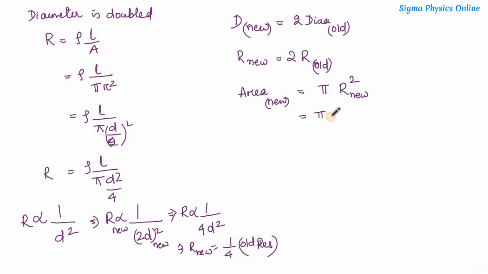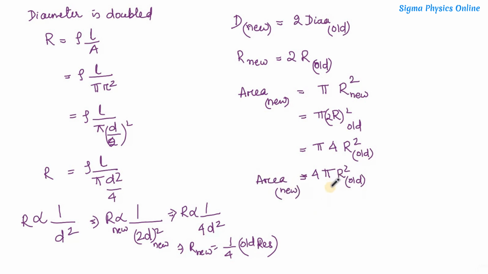So the new area will be pi r new square, where the new radius is twice the old radius. So it will be pi 2r whole square of the old radius, that is pi 4r square old. So taking this 4 out, it is pi r square old. Now this is the new area, which is 4 times the old area.